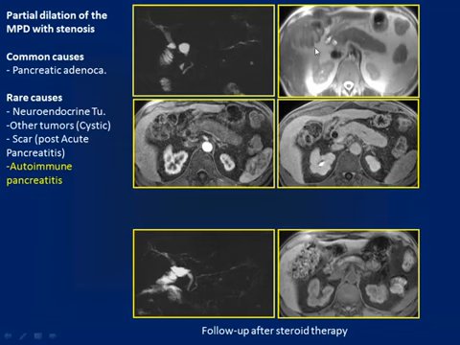Of course, you will rely also on these other imaging features, the enlargement of the gland, the late enhancement in the equilibrium phase typical of this disease, and eventually you have also the follow-up after steroid therapy, which will show the decreasing size of the gland and the almost normal appearance of the main pancreatic duct following steroid therapy.